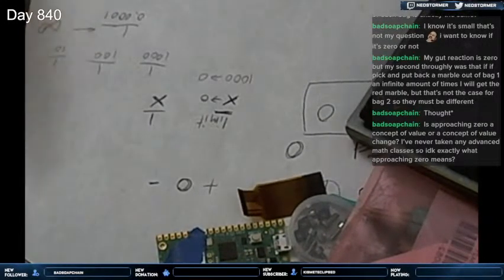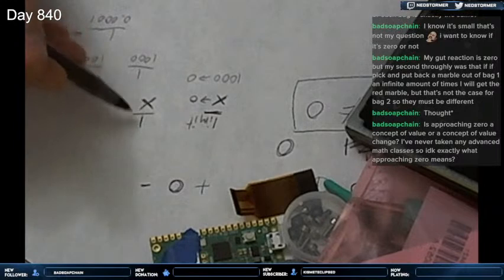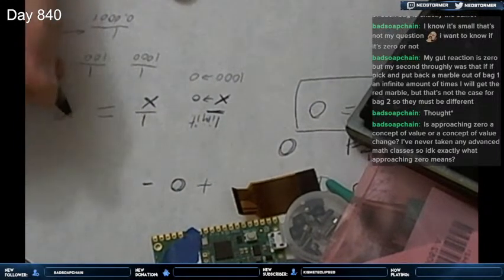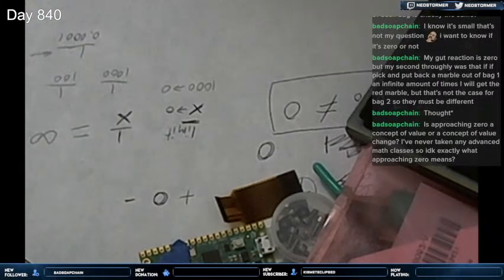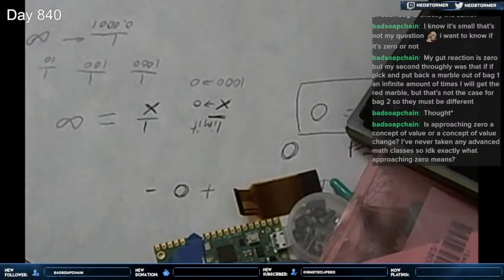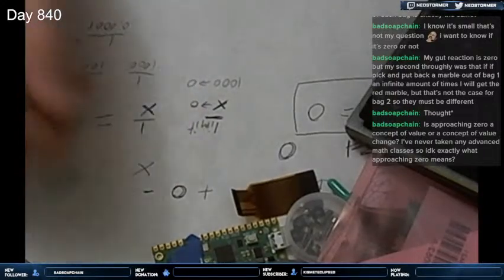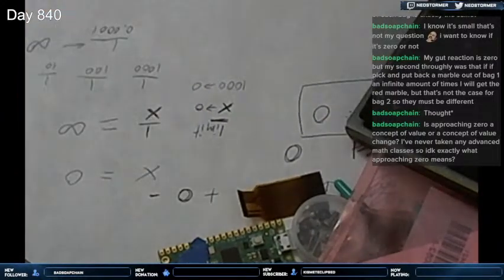And so as x approaches 0, 1 over x would equal infinity. Now, if my formula was just x and it approaches 0, it would eventually equal 0.